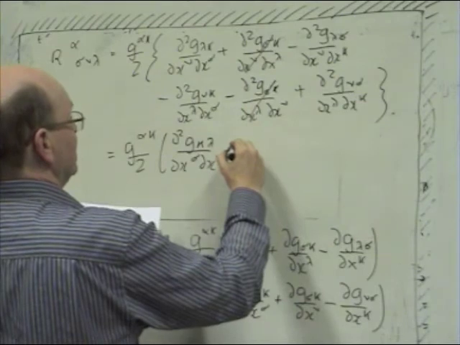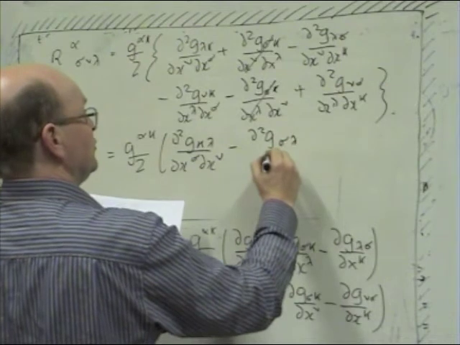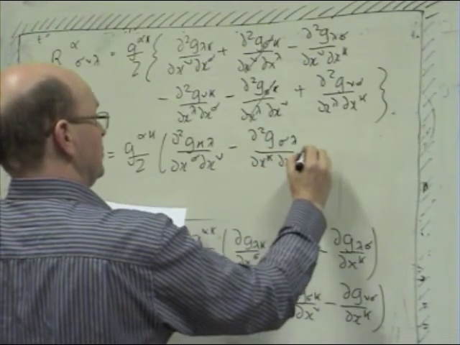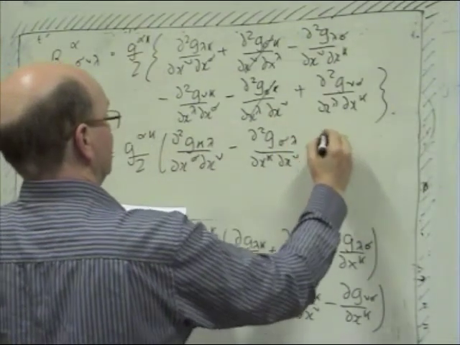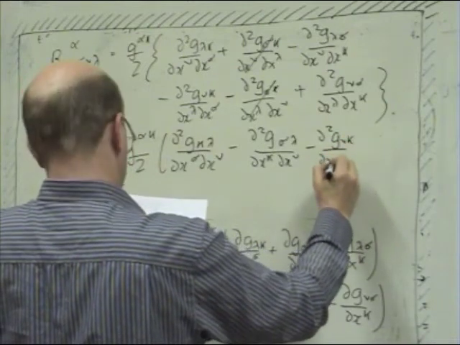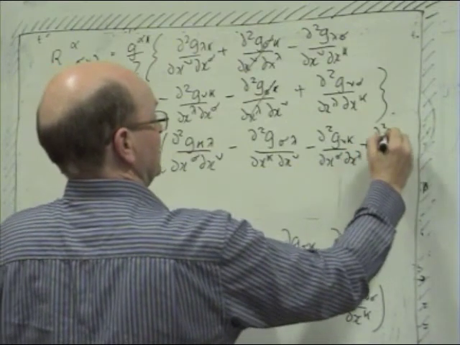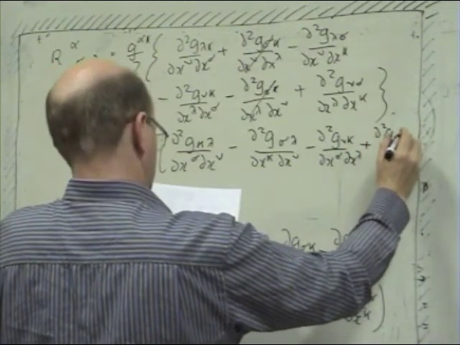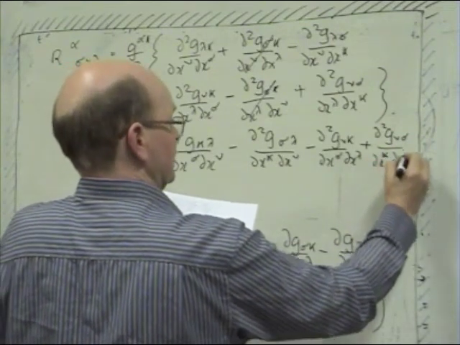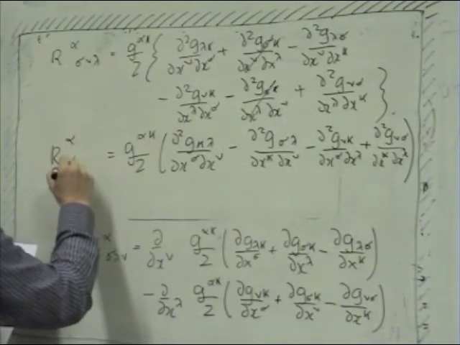And then minus d squared G lambda sigma with respect to dx kappa dx nu, and that's that term, and then we have minus d squared G nu kappa with respect to dx sigma dx lambda plus d squared G nu sigma with respect to dx kappa dx lambda. And that is what you were asked to show in part C.